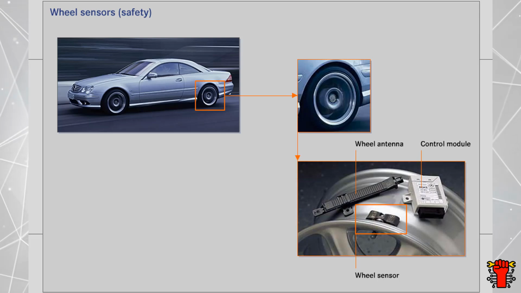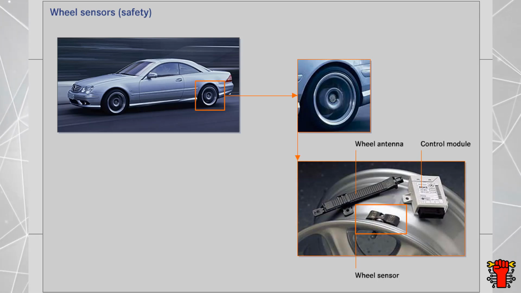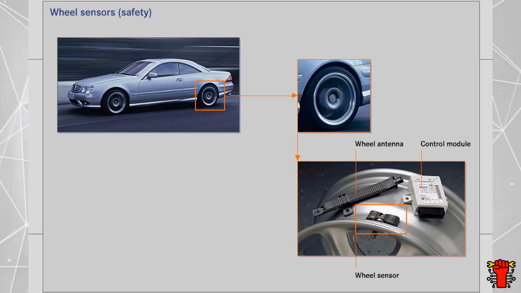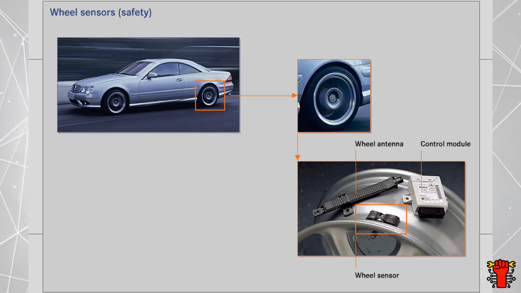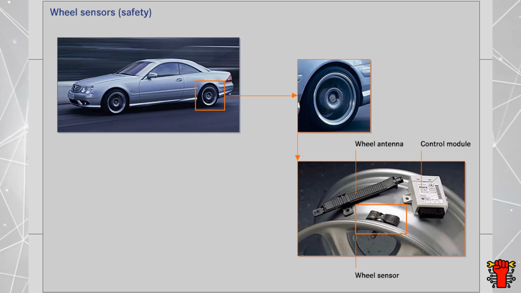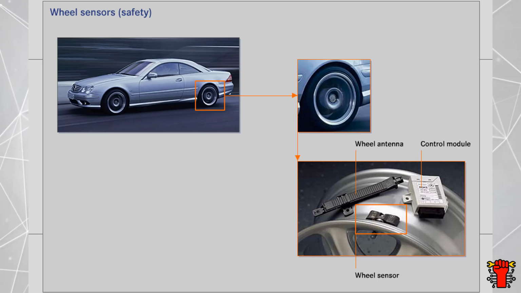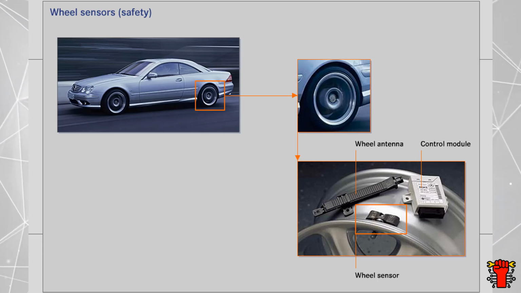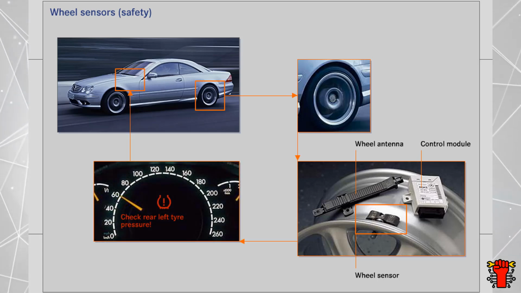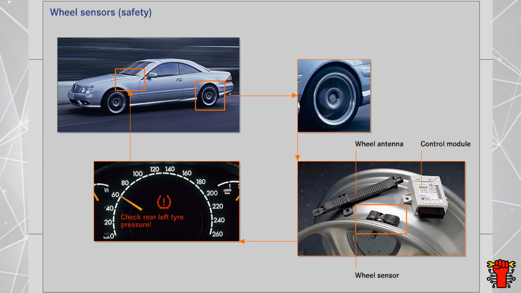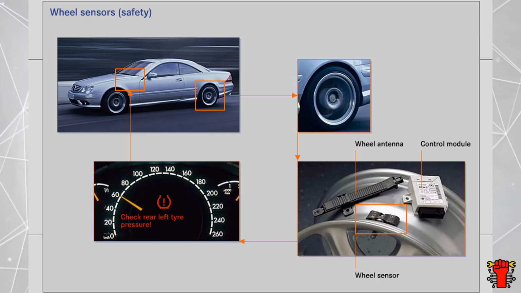The wheel sensors in the wheel rims register the air pressure and temperature and send this information at regular intervals by radio frequency transmission. The tyre pressure monitoring system control module receives the data via the wheel antenna. If the tyre pressure drops quickly or is 0.4 bar below the set pressure, a warning message will appear in the multifunction display of the instrument cluster.